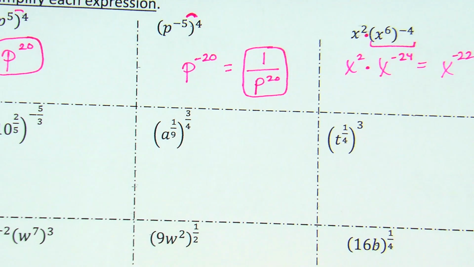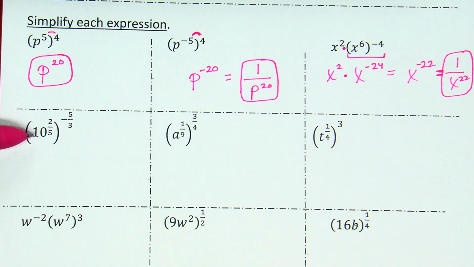Okay. Same process, folks. 10 to the 2/5 raised to the -5/3. What are we going to do with this base? We're going to keep the base. What do I do with the powers? Power raised to a power, we're going to multiply.